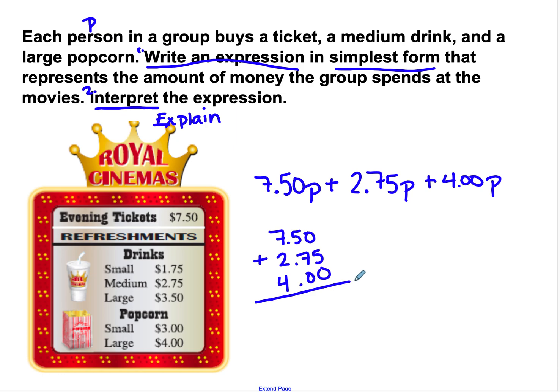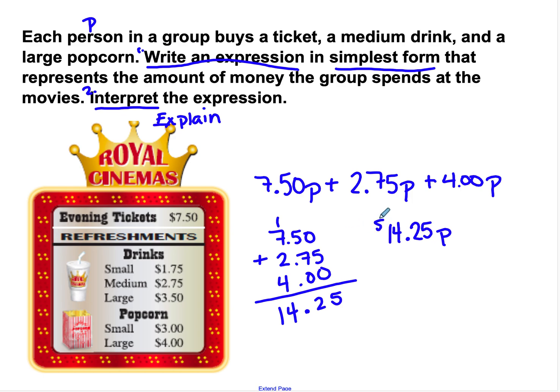You could do two at a time if you'd prefer. 0 plus 5 plus 0 is 5. 5 plus 7 plus 0 is 12. I do need to bring down my decimal. Okay, so 1 plus 7 is 8. Plus 2 is 10. Plus 4 is 14. Okay, so my expression is going to be 14.25p.